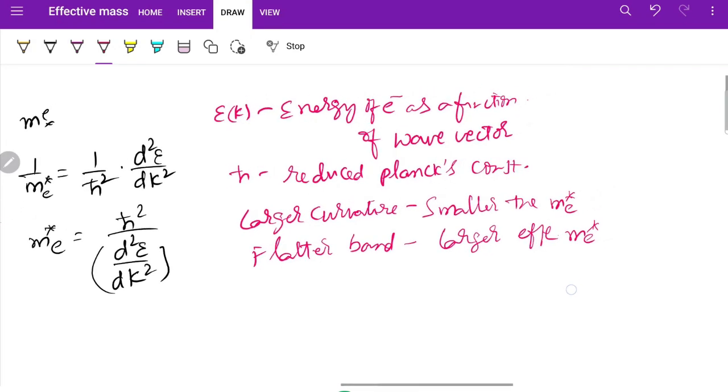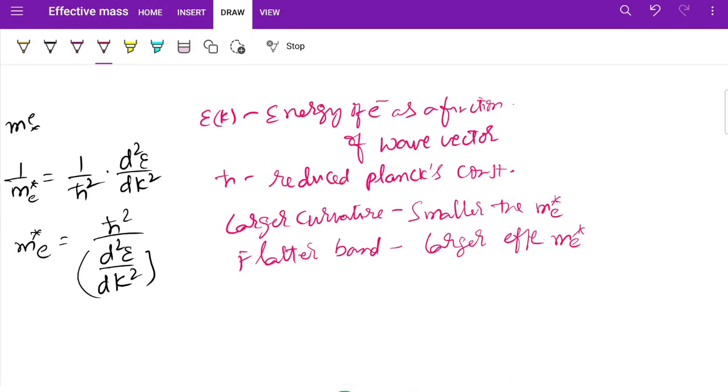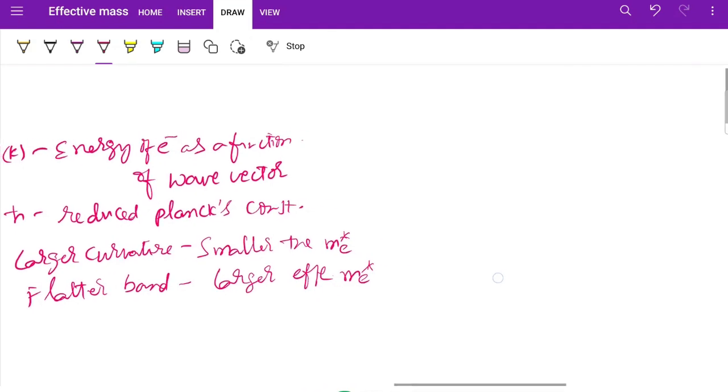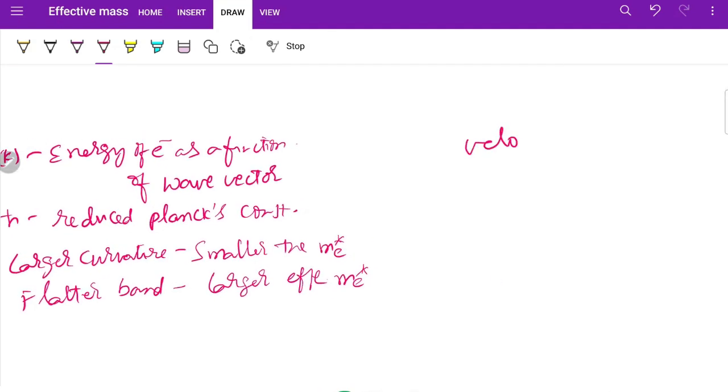Another important aspect is the electron's velocity. In free space it is p by m, but in a crystal its value also changes because of the influence of the molecules.